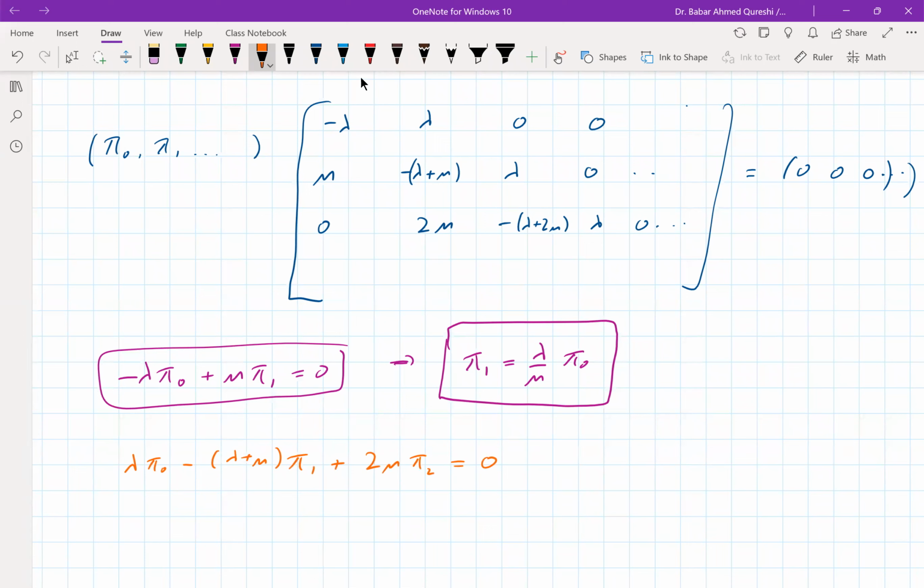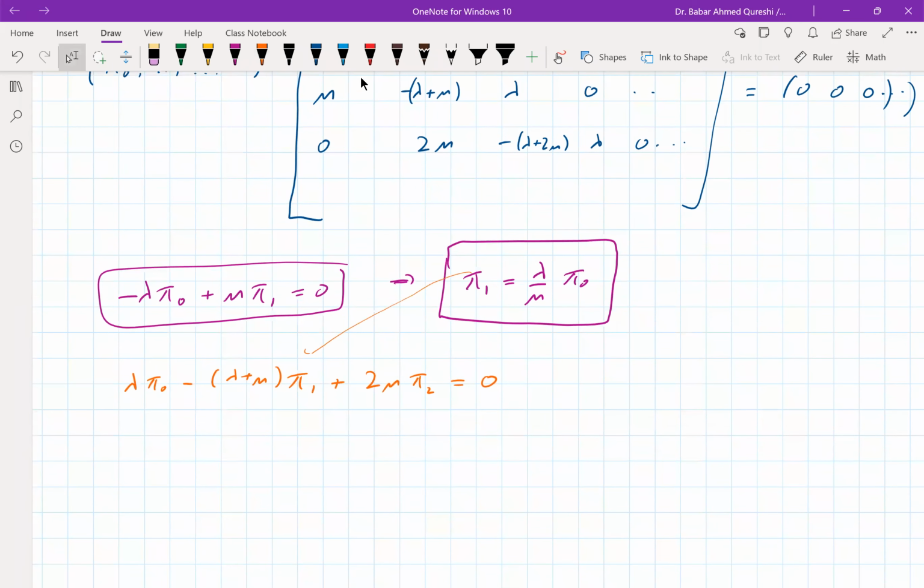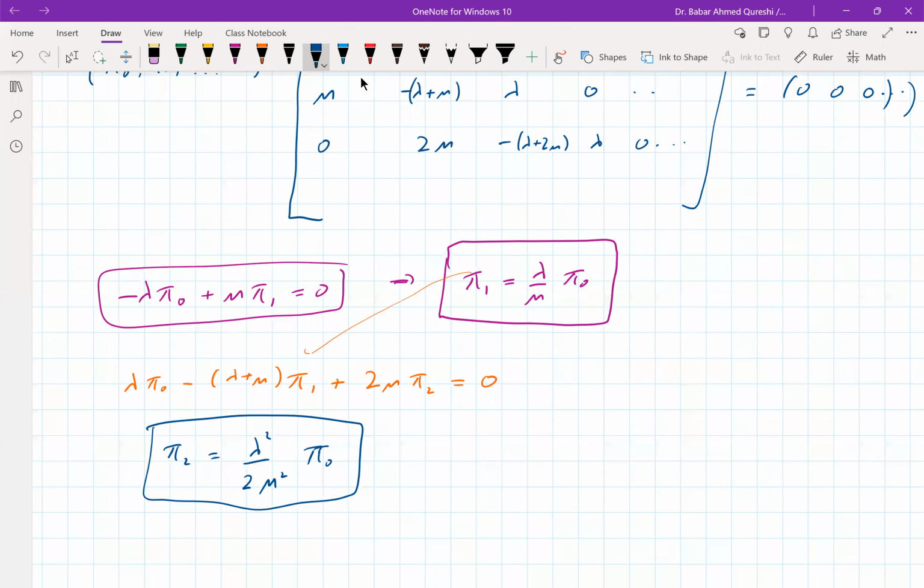And then I put this thing over here. Phi 1 is lambda over mu phi naught. And when I solve for it, I get, after a little bit of cleaning up, phi naught.